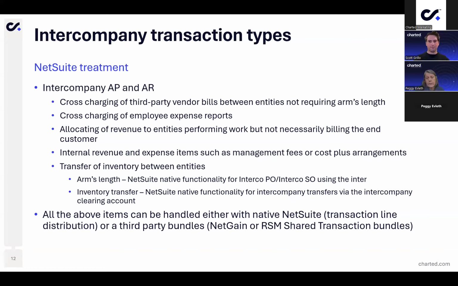Additionally, there are ways to set it up, not with native NetSuite, but with shared transactions from NetGain. I can do centralized AP as well, which is another way of doing cross-charging. I'm entity B, I do not have a bank account, but I control my purchasing. But company A pays it for everybody.